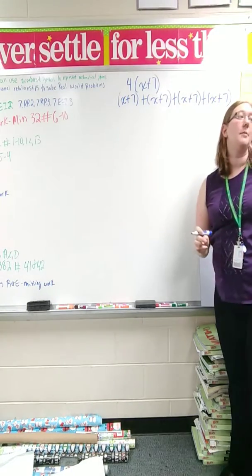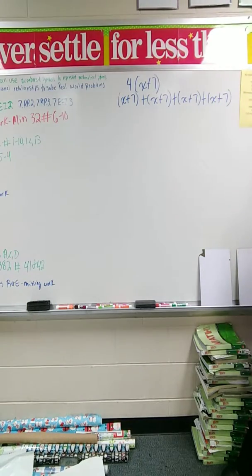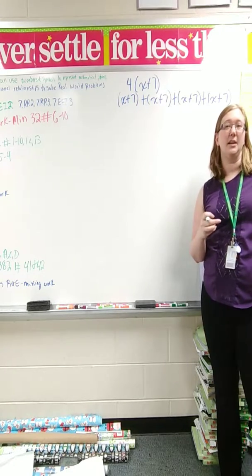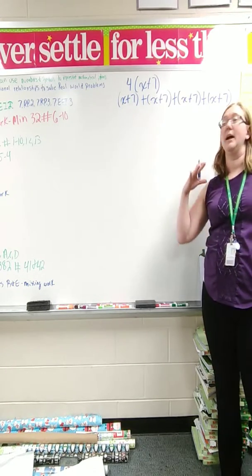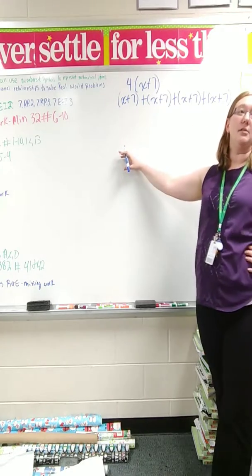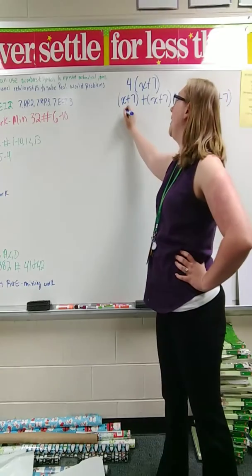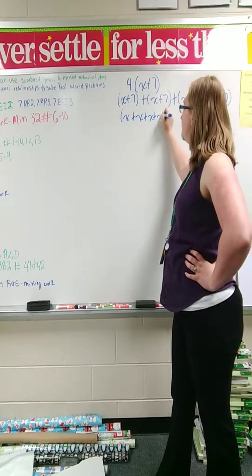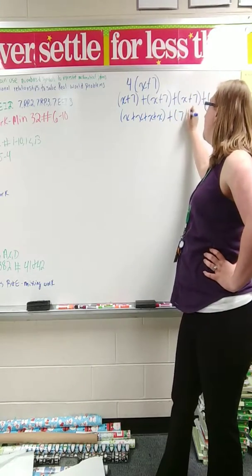Now, yesterday we learned about the associative property, and the associative property said that I could regroup things. I'm going to combine the associative and the commutative properties together for just a second. So I'm going to rearrange my numbers using the commutative property and regroup using the associative property so that all my x's are together and all my 7's are together.